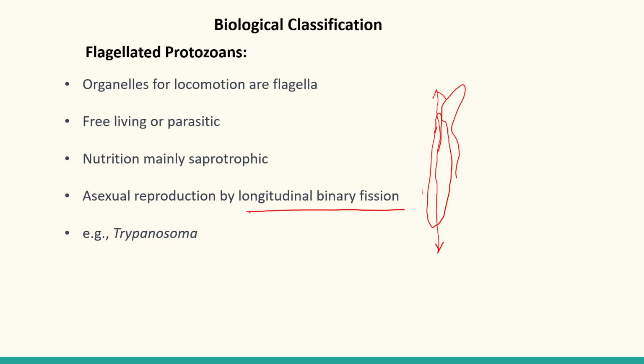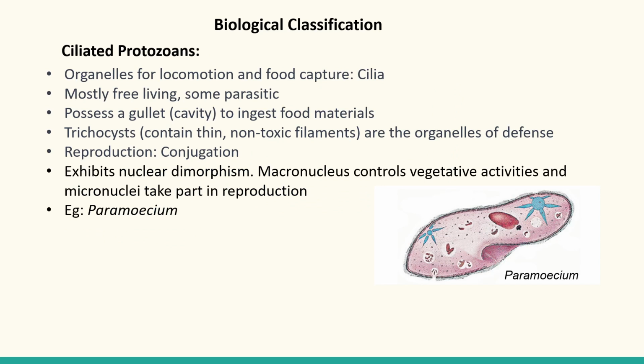An example is Trypanosoma. The third one is ciliated protozoan. Here the locomotory organ is cilia. Besides helping in locomotion, it also helps in food capture. If you see this Paramecium, it bears a gullet-like structure.